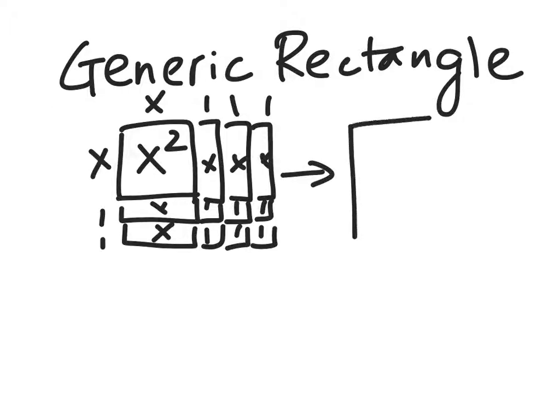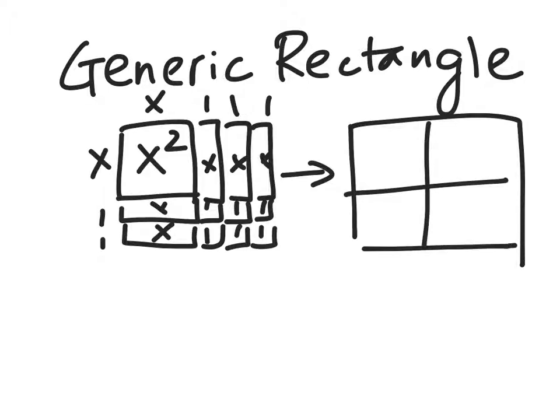this algebra tile can be translated and simplified into what we call a generic rectangle, or you can think of it as just a 2 by 2 box, with this term being x squared, and how many x's here? Well, there are 3 x's here, and 2 x's on the bottom here, and 6 unit tiles here, 6.